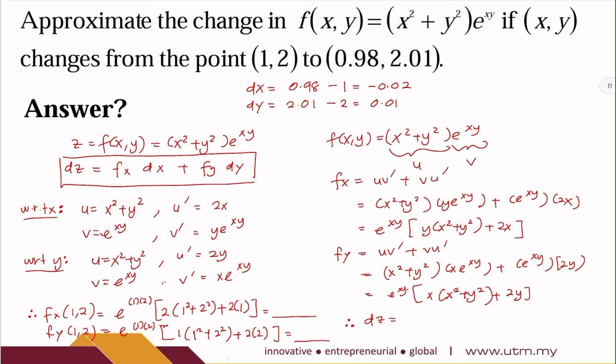Just calculate it first. You will have 2 squared plus 1 multiplied with 2 plus 2 multiplied with e^2. Hopefully my calculation is correct here. Is it 88.6687?